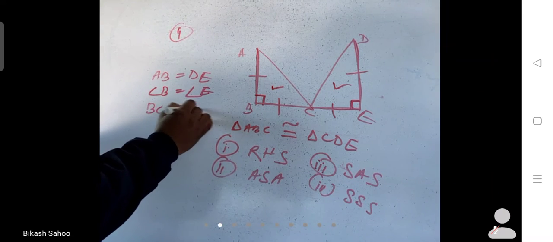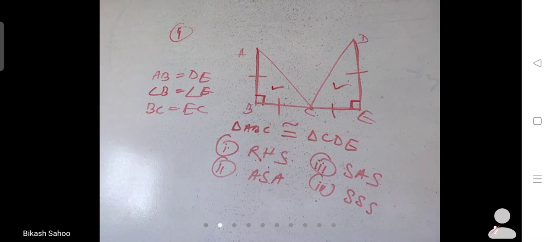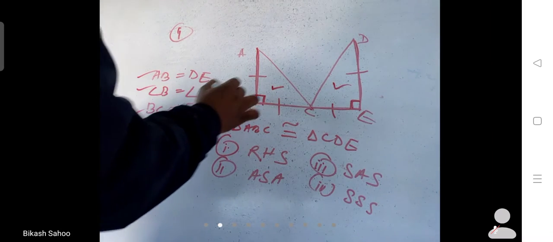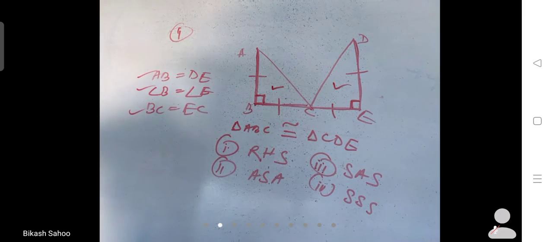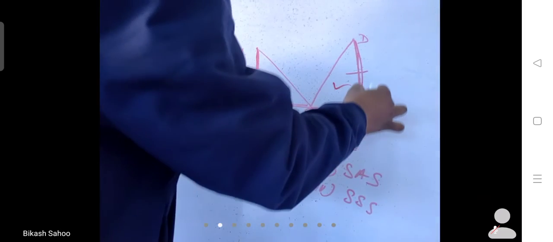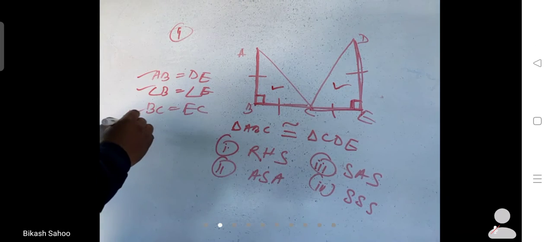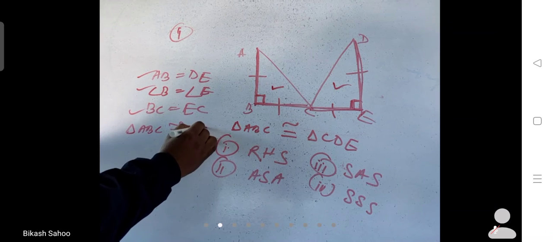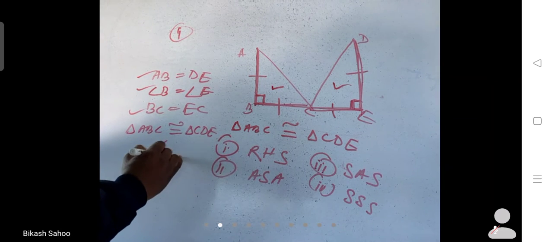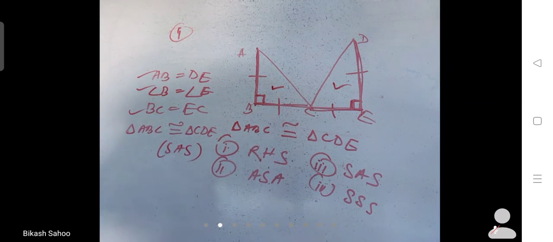So you get the three conditions: side, angle, side. So triangle ABC is congruent to triangle CDE by the property of side, angle, side.